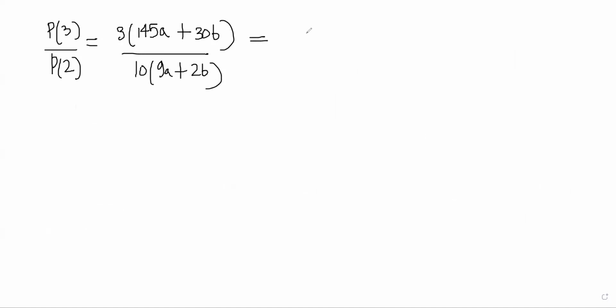So this becomes, you can cancel a 5, so it becomes 3 times 29a plus 6b divided by 2 times 9a plus 2b.